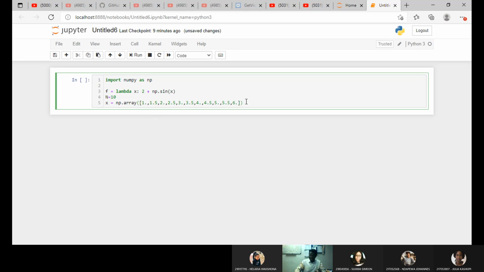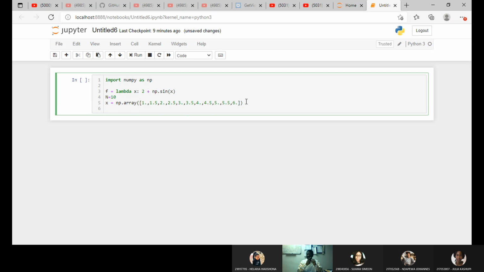So all the values of x are there. I enter. Okay, so that is it. So I have all these points. I can also say that n, so that is small n, or lowercase n, is 5.